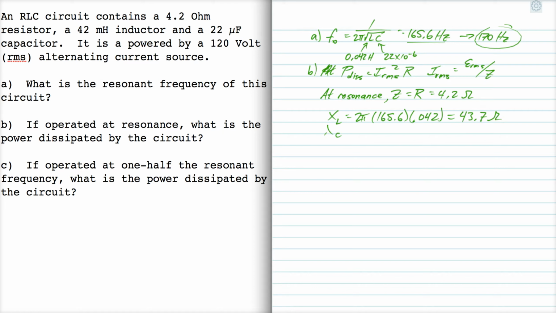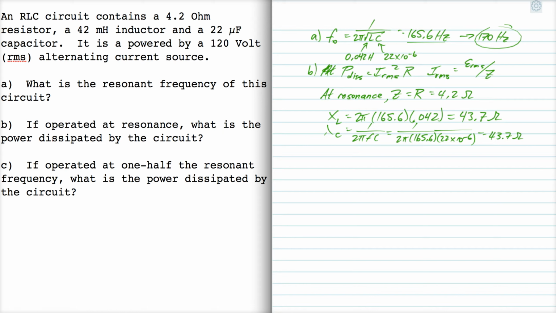And then X sub C is 1 over 2 pi FC, so that's 1 over 2 pi times 165.6 times 22 times 10 to the minus 6. Right, and I get 43.7 ohms.